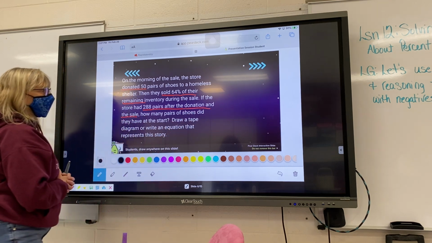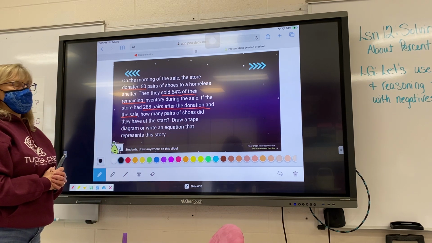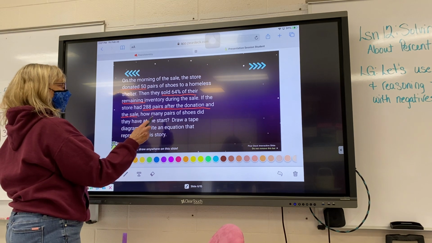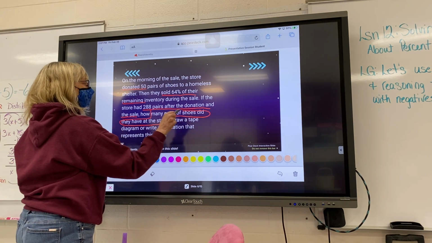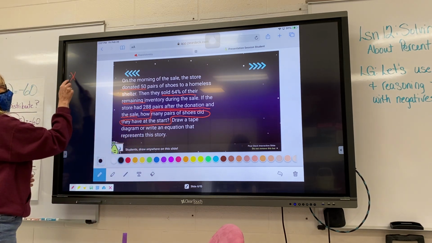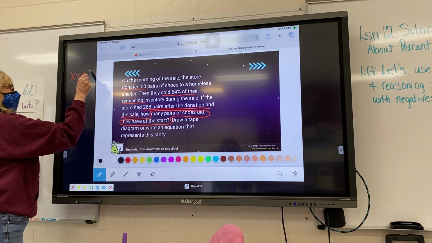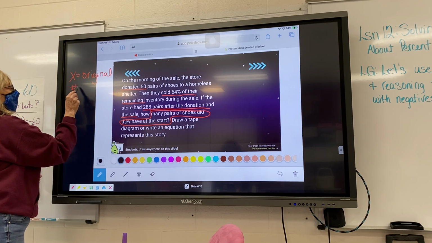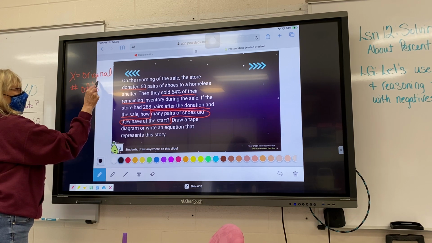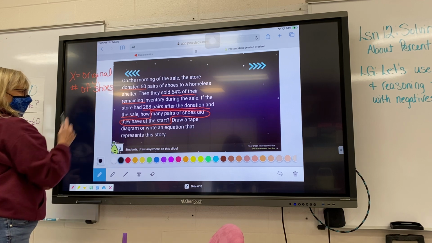Okay. What do we want to find? The original amount of pairs they had. So that's our X. X is the original number of pairs of shoes.